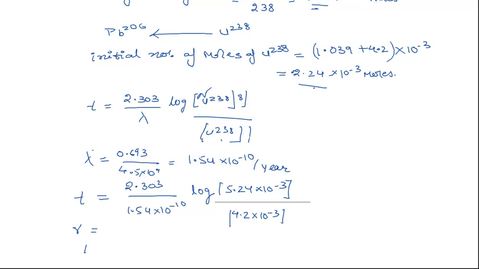So your time, that is age, will be equal to 2.303 divided by 1.54 into 10 to the power minus 10, that comes out to be 1.49 into 10 to the power 10.